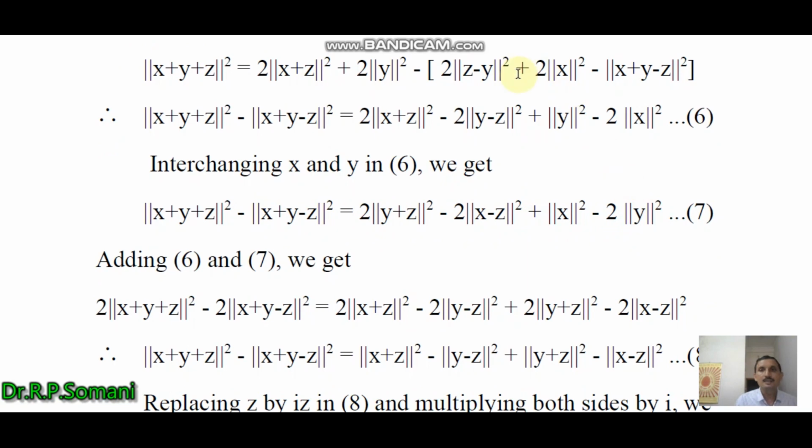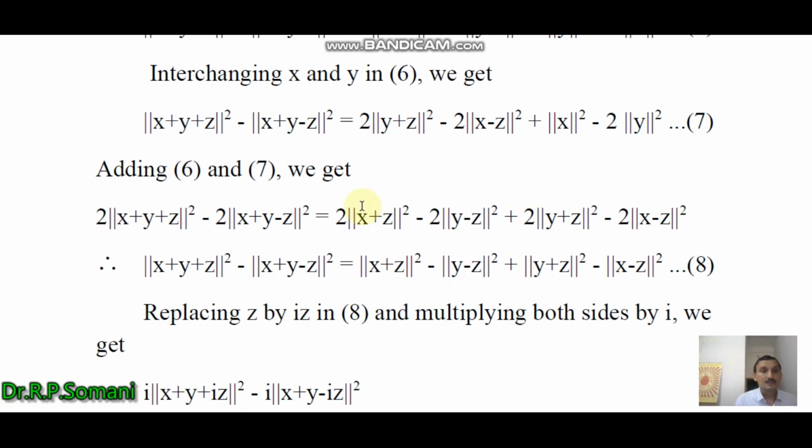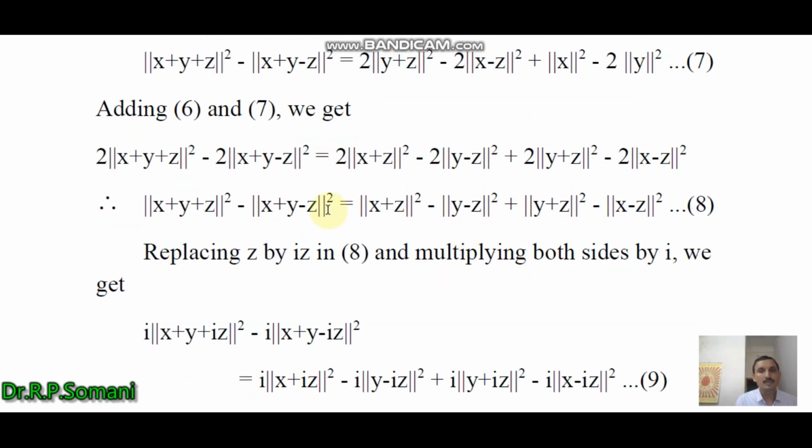Now we add these two equations 6 and 7, then we obtain that norm of x plus y plus z square minus norm of x plus y minus z square equal to norm of x plus z square minus norm of y minus z square plus norm of y plus z square minus norm of x minus z square, and this we denote as equation number 8.